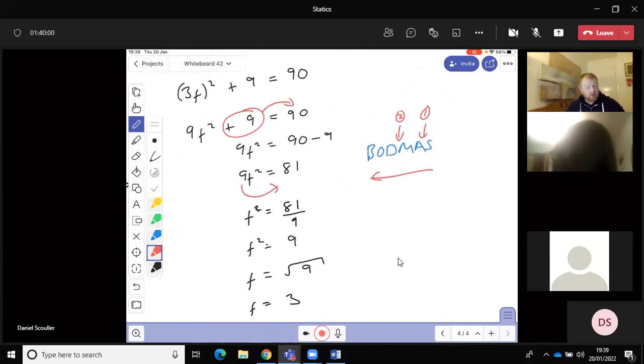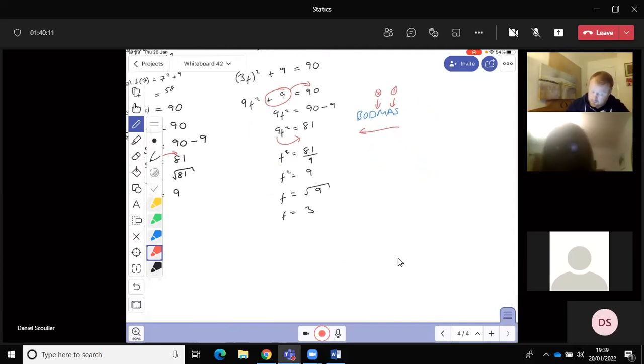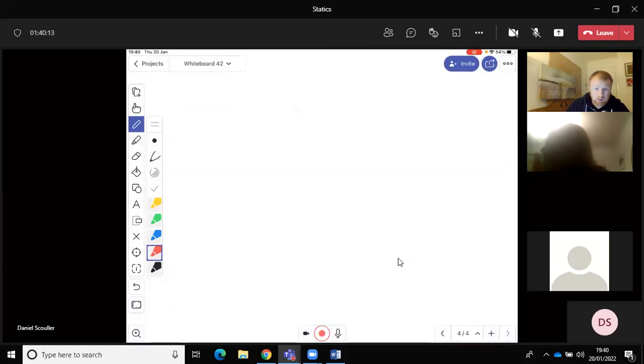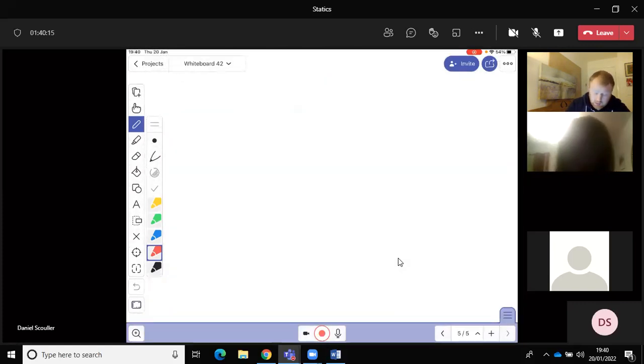So that's just a square term. If we've got, say, a cubed term, we look at that. If I jump ahead, shout on me and we'll go back. Dealing with a cube term, nothing changes.